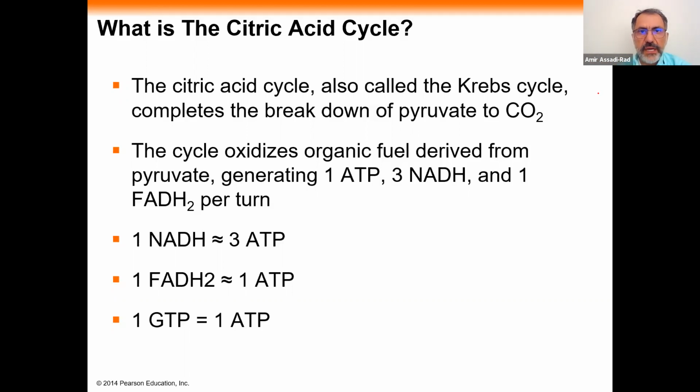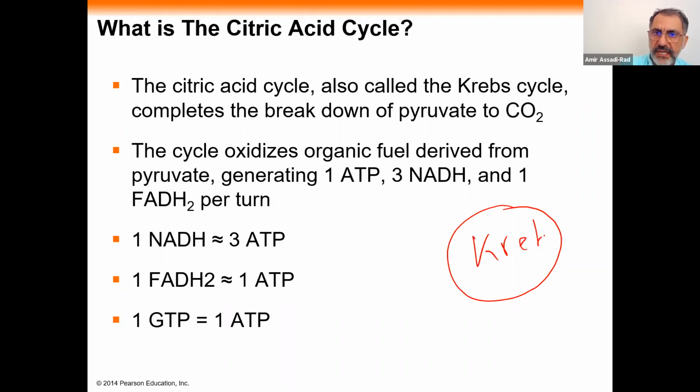The cycle oxidizes organic fuel derived from pyruvate, generating 1 ATP, 3 NADH, and 1 FADH2. What am I talking about? The Krebs cycle, which I'm going to talk about right here next, but I'm telling you that 3 NADH come out from the Krebs cycle, okay?